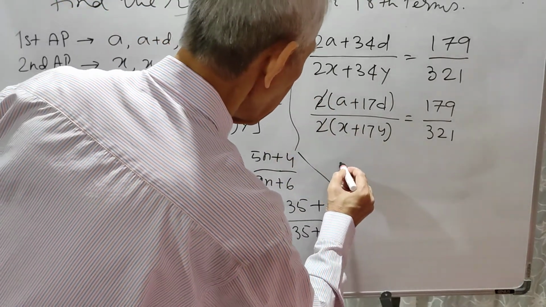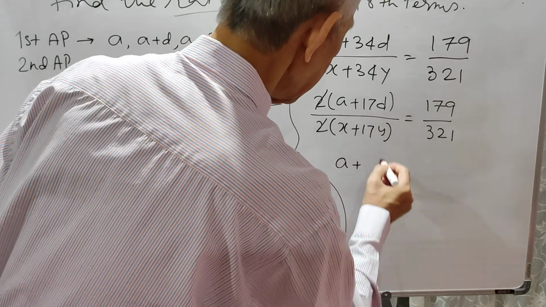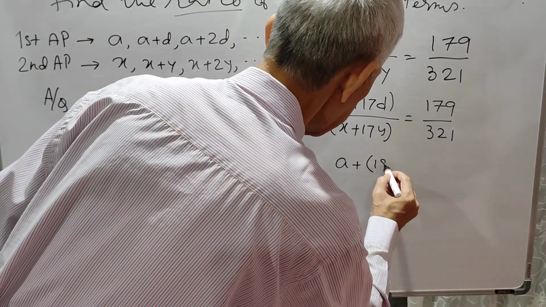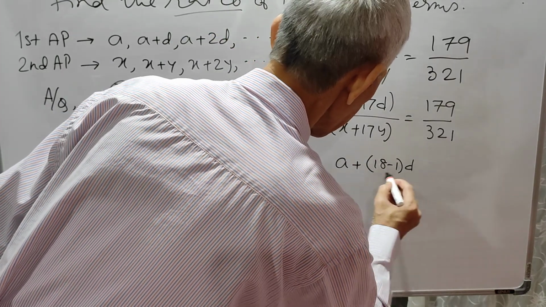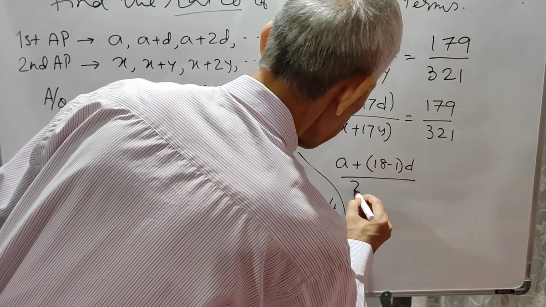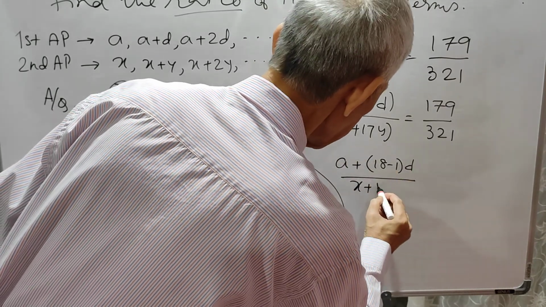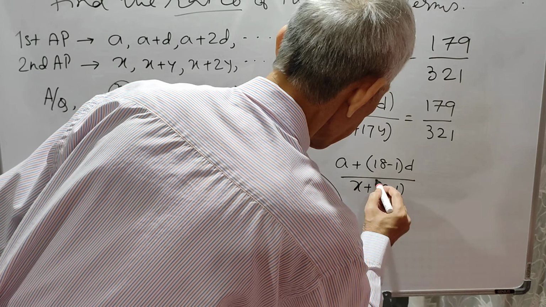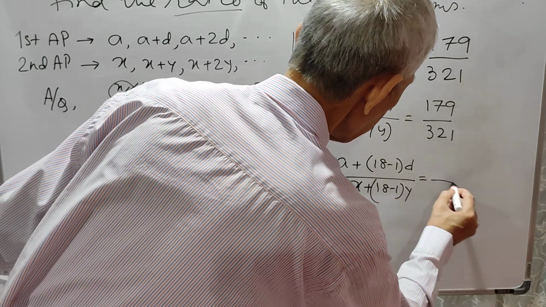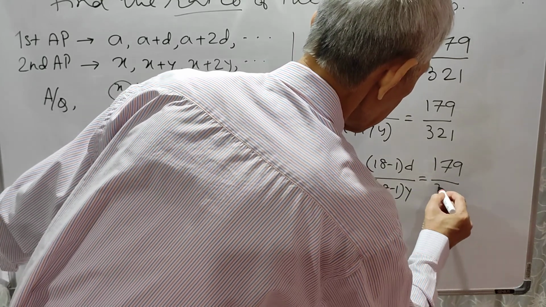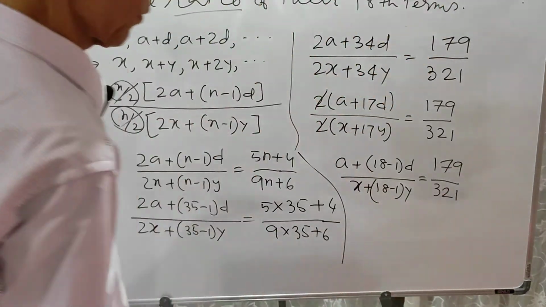Now you see a plus 17d, we can write 18 minus 1 d, and x plus 17y, we can write 18 minus 1 y. That is equal to 179 by 321.